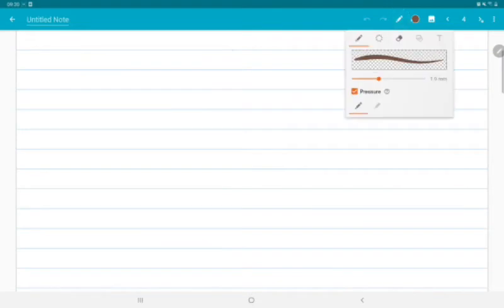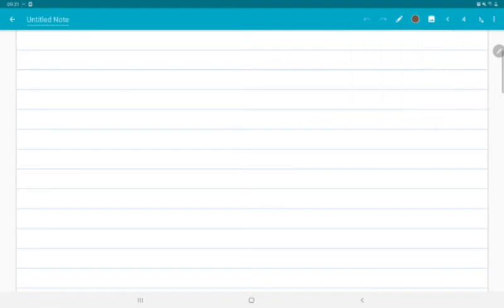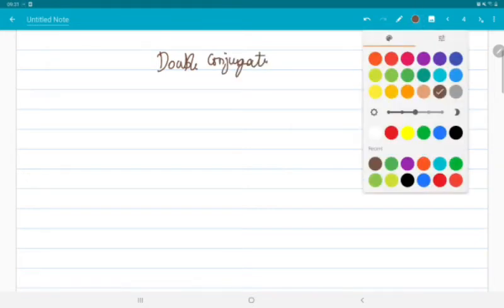Now we see something called a double conjugate. A double conjugate is the conjugate of a conjugate.